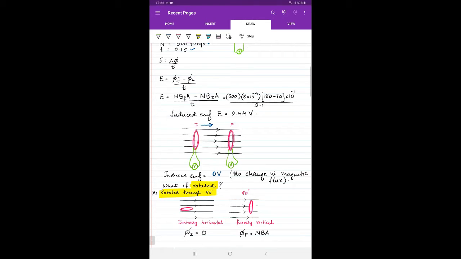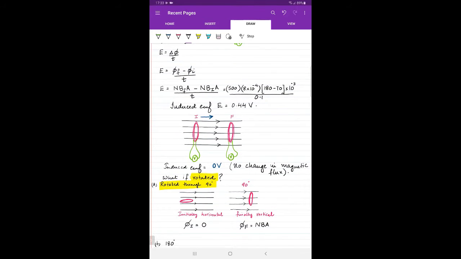So now if you're asked how much EMF is going to be induced, so surely your answer is not going to be 0. So the induced EMF in this case. अच्छा कुछ लोग लिखते हैं the change will be NBA. So NBA upon T, or equally correct if you want to write it down.